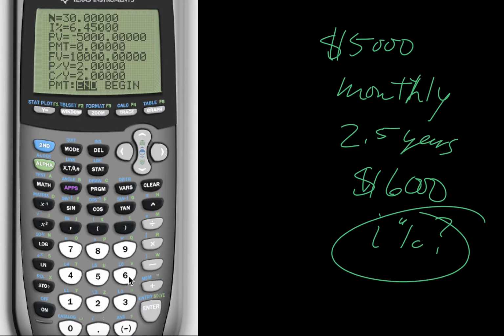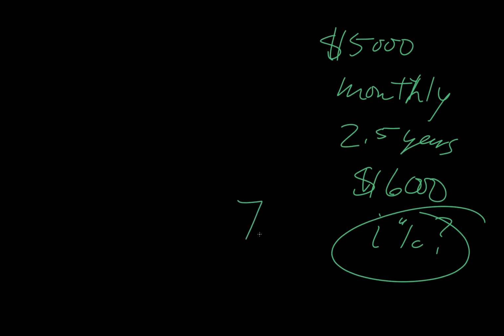Our final amount was 6,000. And then, since it was monthly, these are both 12. So we want to know the interest. Make sure we're highlighting the interest. Alpha, solve. And so our interest is 7.32%.